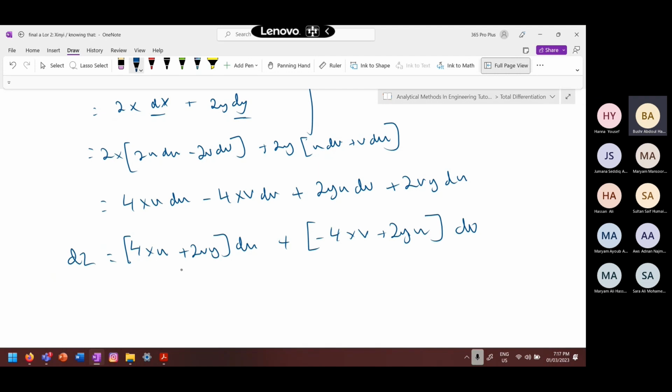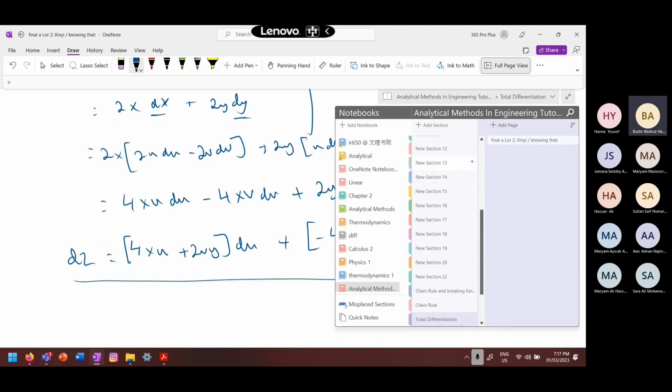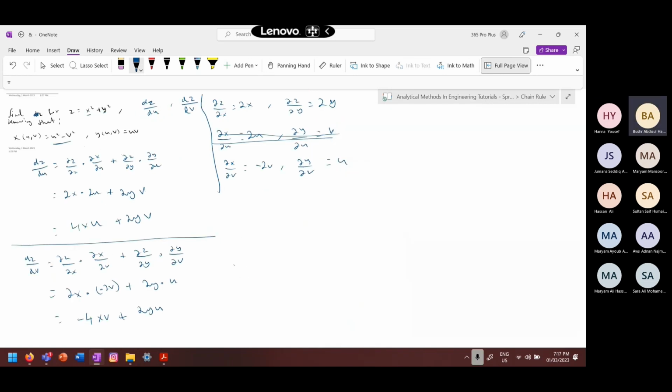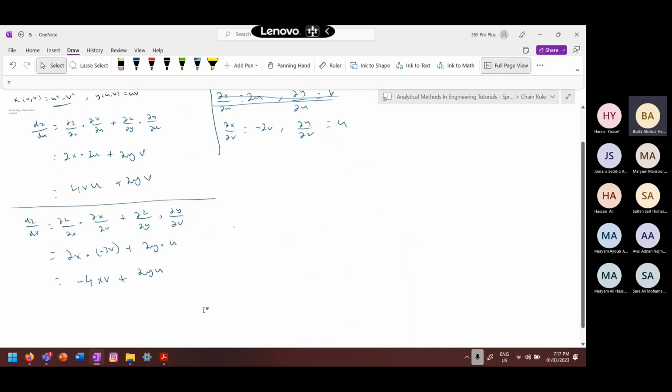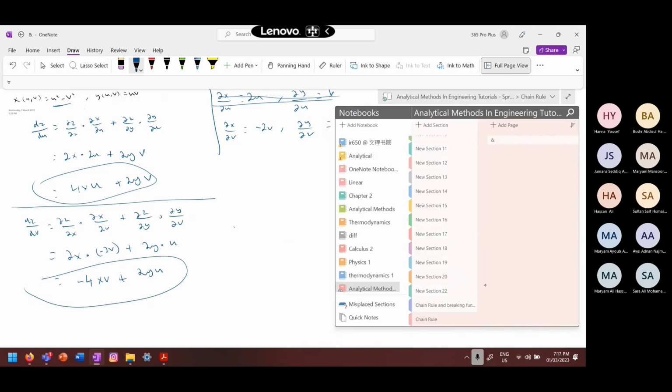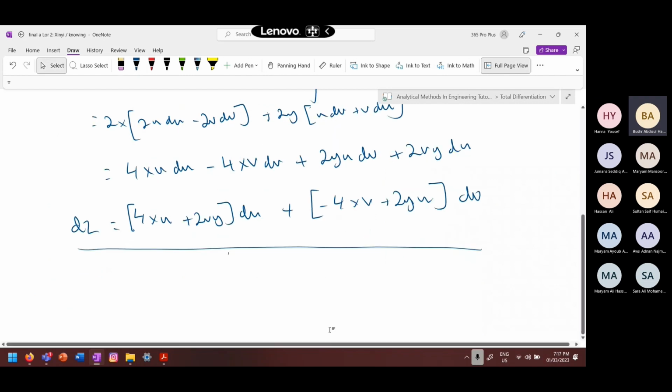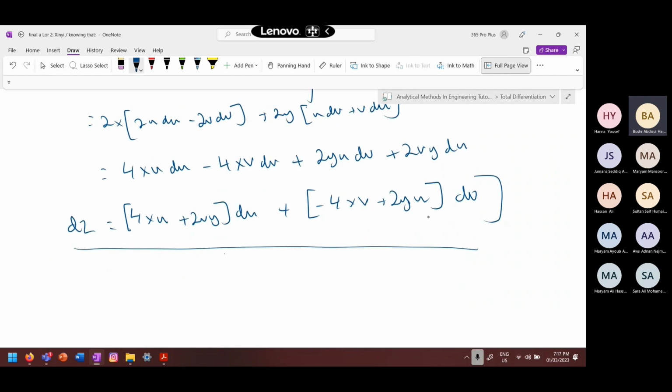Now I want you to compare these values with this problem that we solved earlier. You can see they're the same, but we got them in two different steps. So you got these values from here, and you were asked, let's say, to find dz over du. We have a du here. You cancel this.